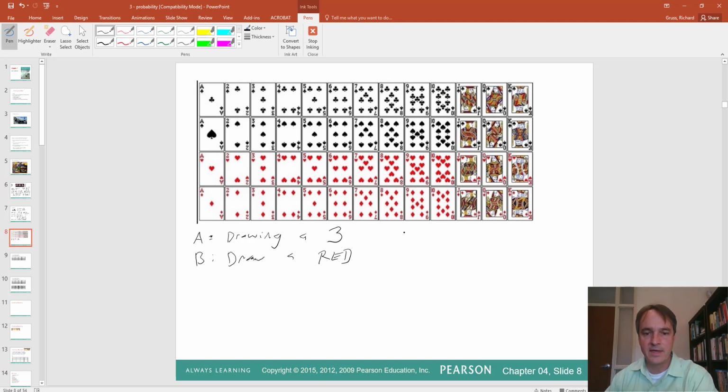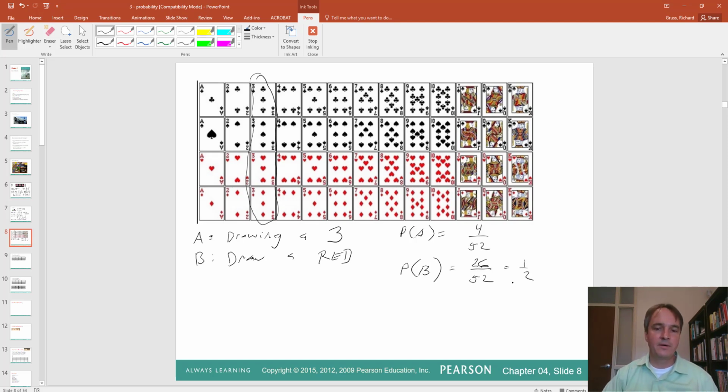So the probability of A is equal to something over 52, and it's going to be the total number of ways of getting a 3. So we see here, these are our 3s, so there's just going to be 4. Okay, so 4 out of 52. And the probability of B is, once again, total number of outcomes is 52. And how many of those are red? Well, half of them, which is 26. So 26 out of 52, which is just 1/2.